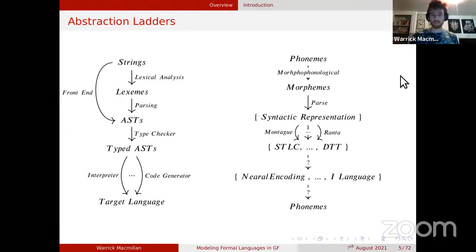There are many different possible syntaxes for representing natural language, which is why we have the set bracket notation. Then we have a semantic side. You could go in the Montague tradition of higher order logic to some kind of simply typed lambda calculus, or you could take the dependently typed approach via Ranta and his 1994 magnum opus, Type Theoretical Grammar.